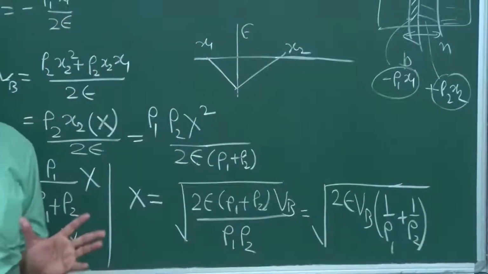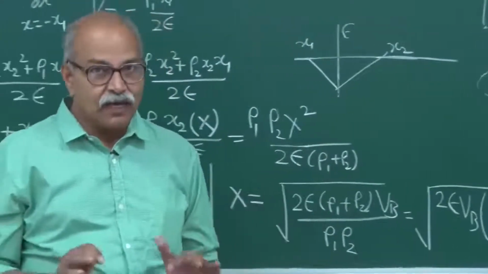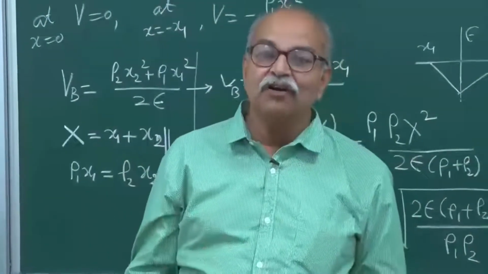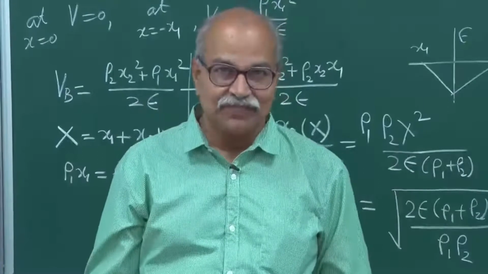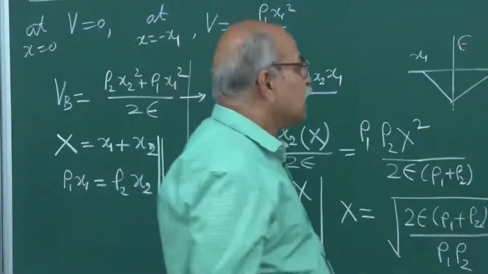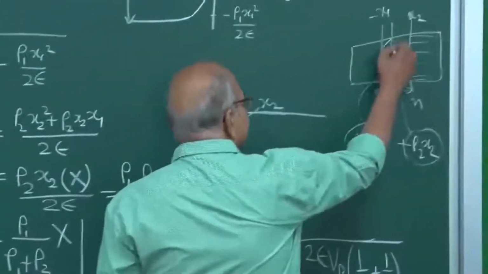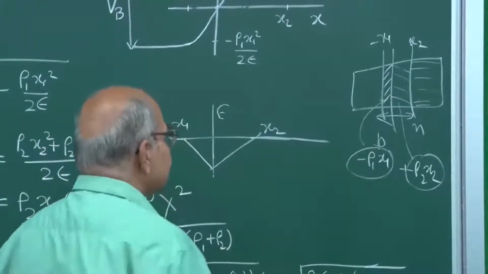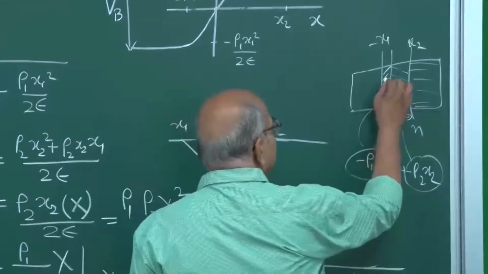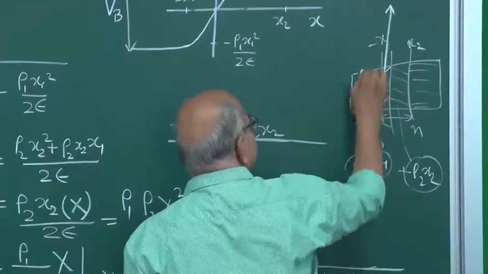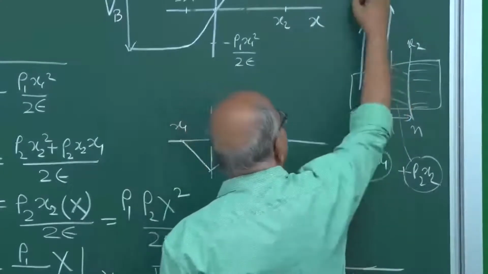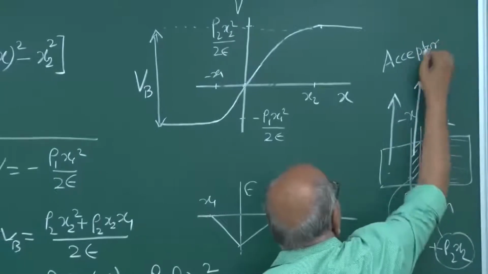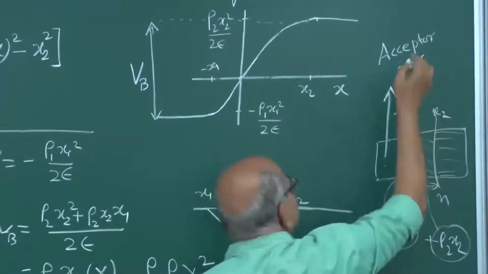These rho 1 and rho 2 are related to the concentration of impurities that we have doped, right? Because how are you getting charges in the depletion layer? In the depletion layer you are getting charges because you have put impurities. This is P side, so you have put acceptor impurities. Acceptor ions are there, right?